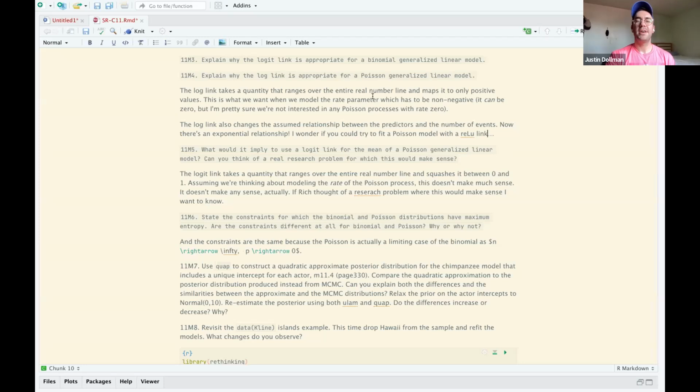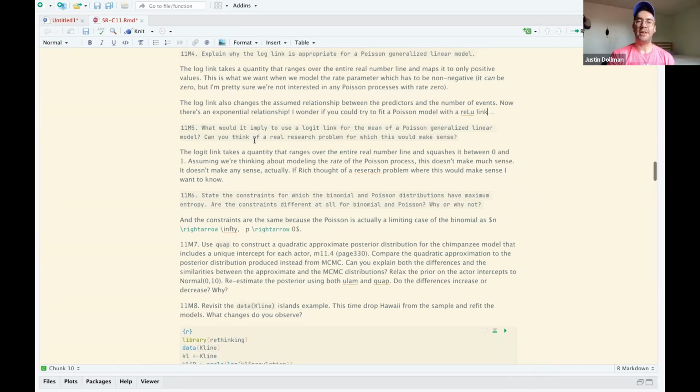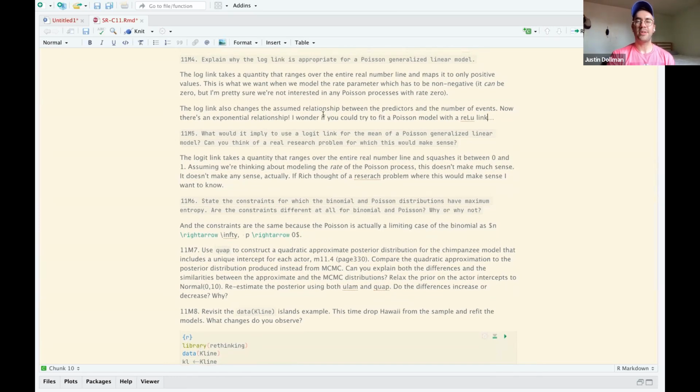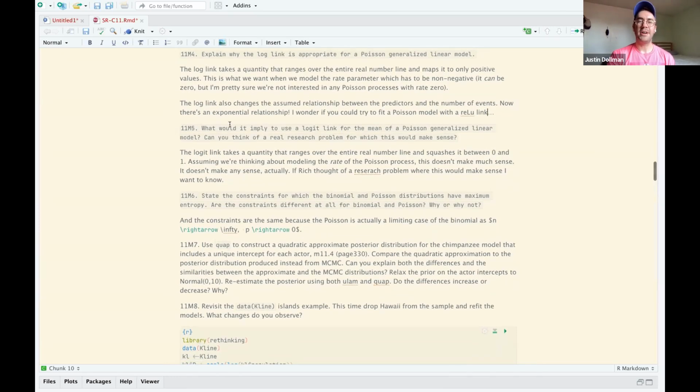In any case, he remarks in the book that it also changes the assumed relationship between predictors and number of events. So now there's an exponential relationship. That's what we saw earlier when we were talking about the meaning of a 1.7 predictor. So basically it constrains to be positive, done.